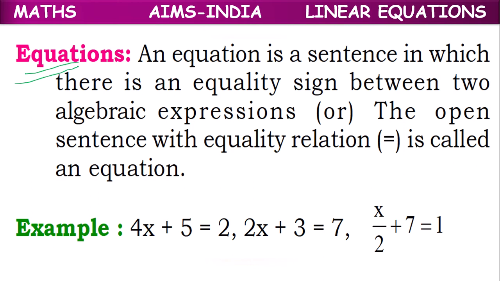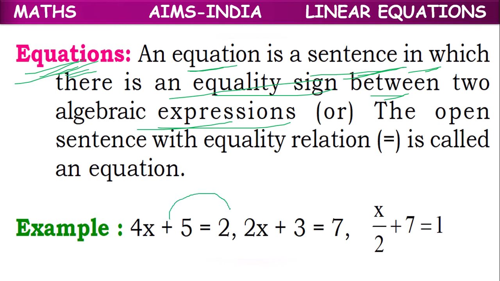Next, children, what is an equation? We have already told what an equation is. Once again, let's repeat it. An equation is a sentence in which there is an equality sign between two algebraic expressions, or between one algebraic expression and another numerical expression.